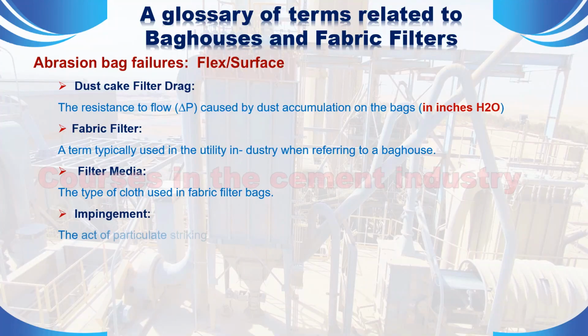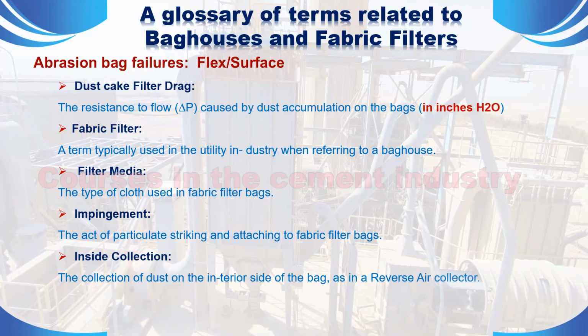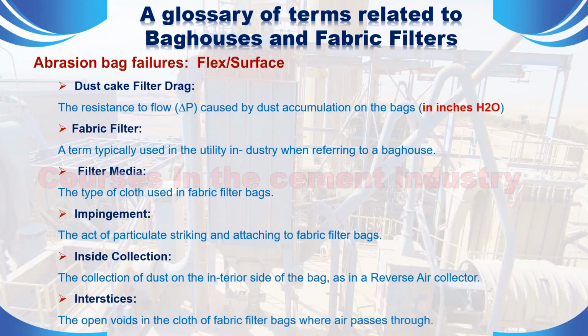The act of particulate striking and attaching to fabric filter bags. 21. Inside collection. The collection of dust on the interior side of the bag, as in a reverse air collector. 22. Interstices. The open voids in the cloth of fabric filter bags, where air passes through.